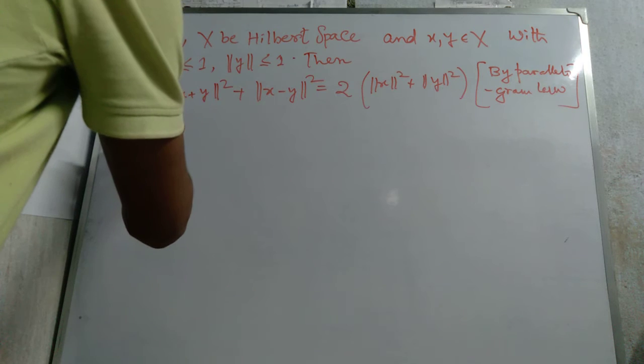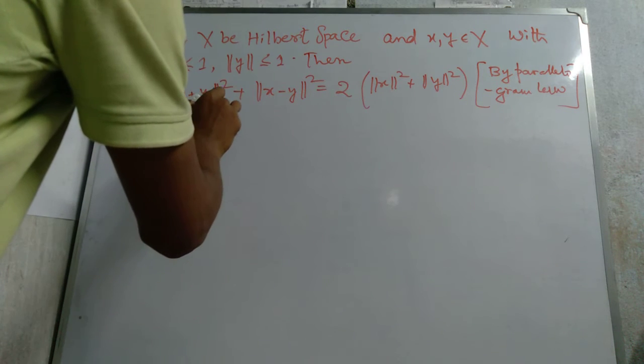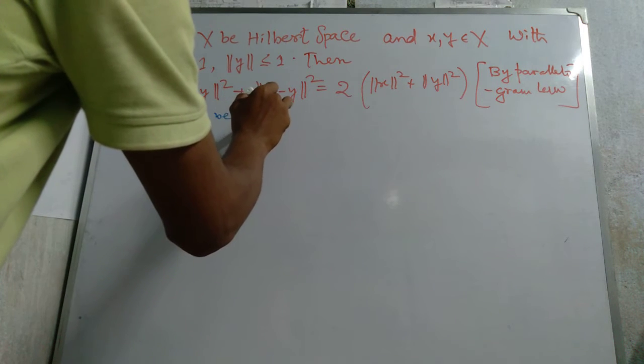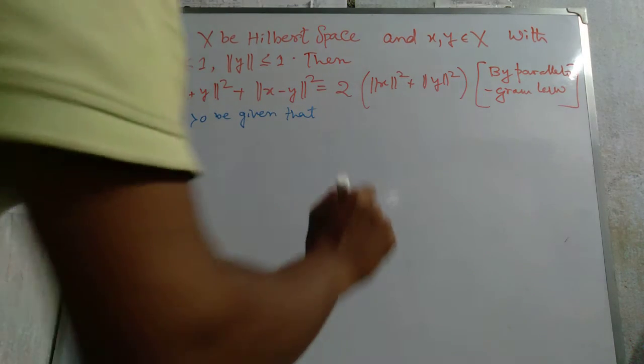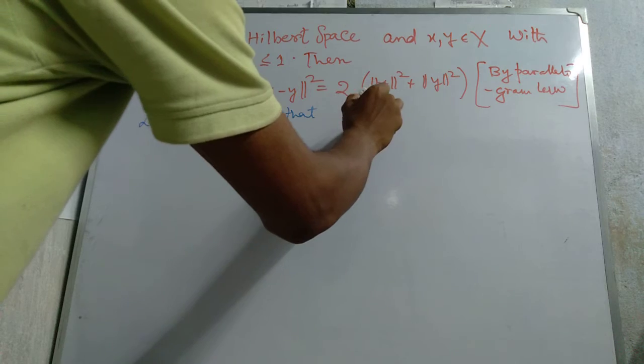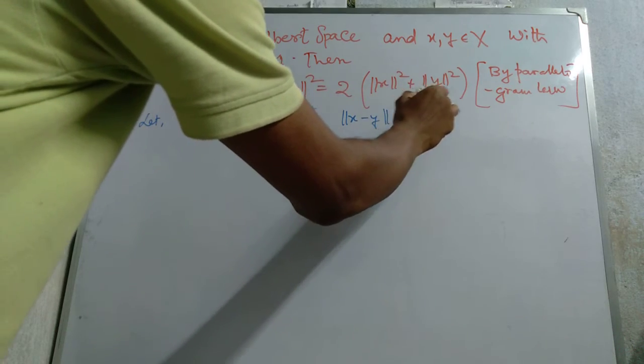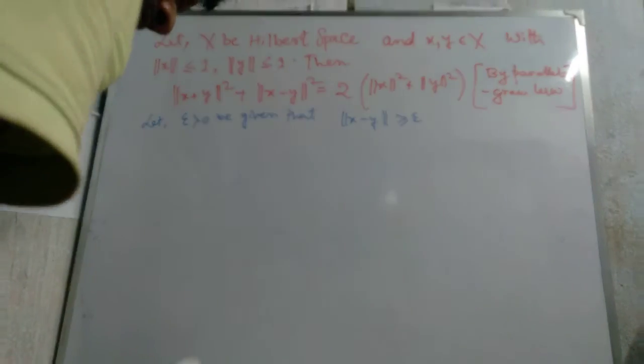Now let epsilon greater than 0 be given such that norm of x minus y is greater than or equal to epsilon.